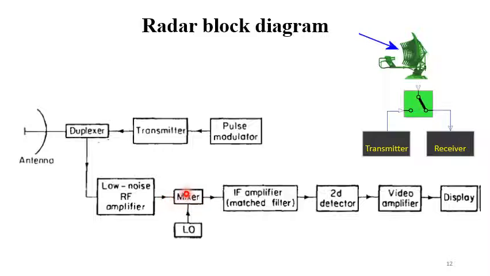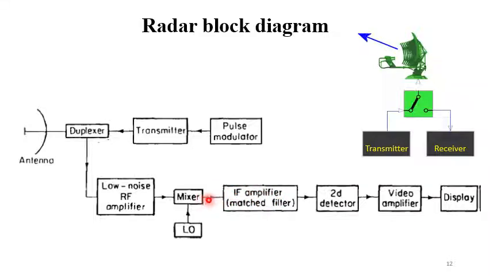Then we have a mixer, and the other input of the mixer comes from the local oscillator. The local oscillator frequency is adjusted in such a fashion that the difference between the incoming signal and the local oscillator signal becomes the intermediate frequency signal. So the difference frequency must be equal to the IF.